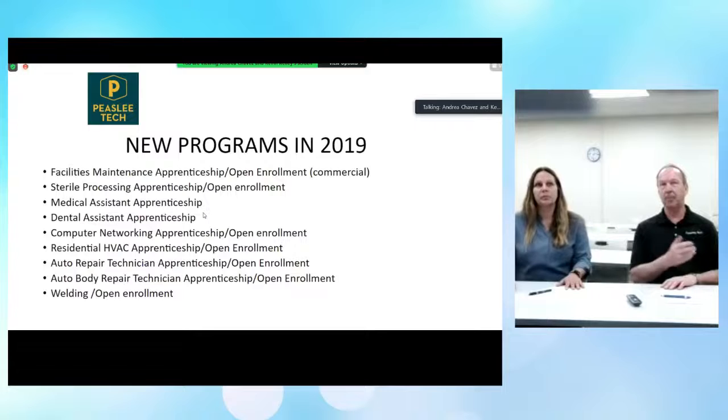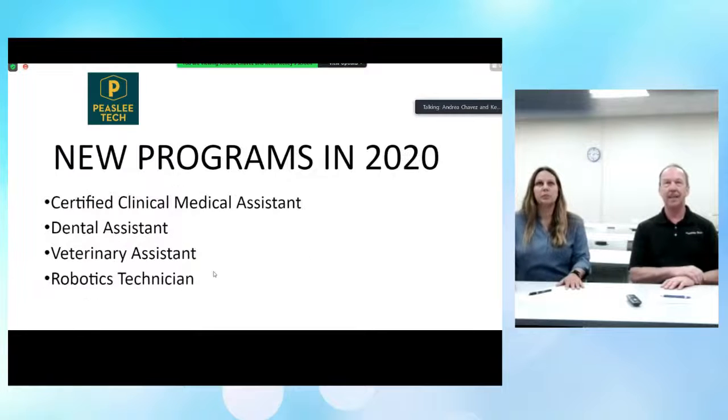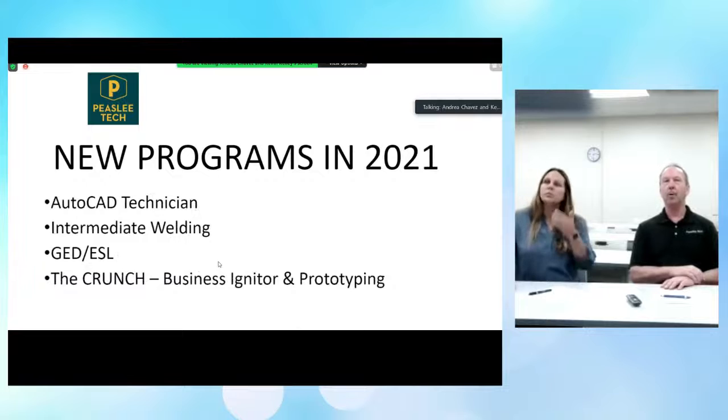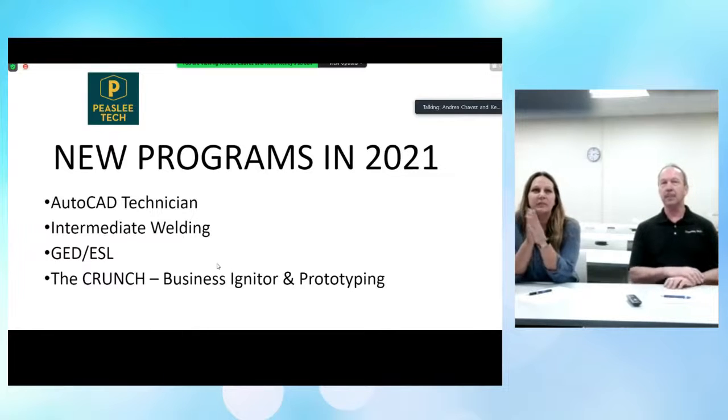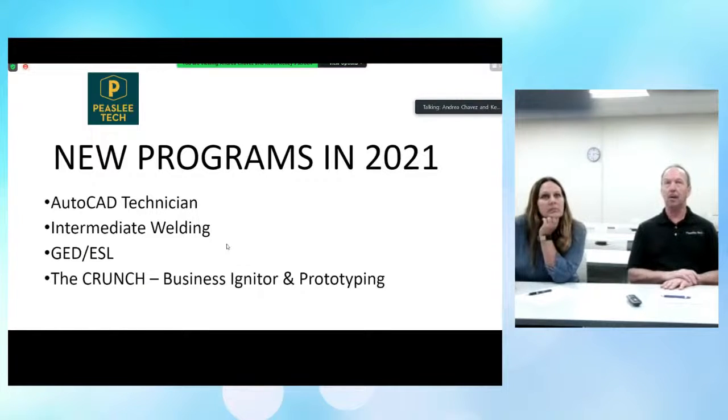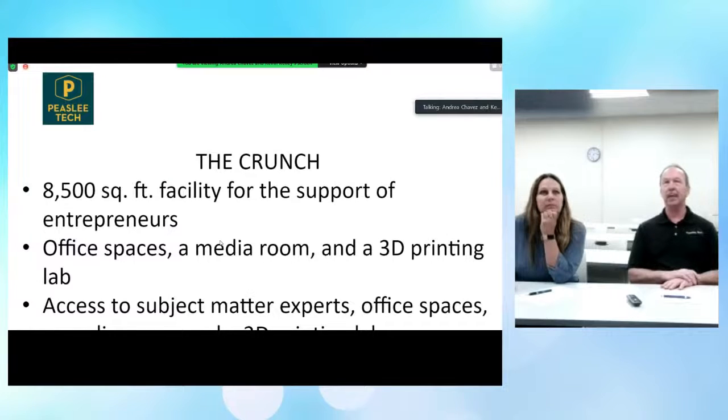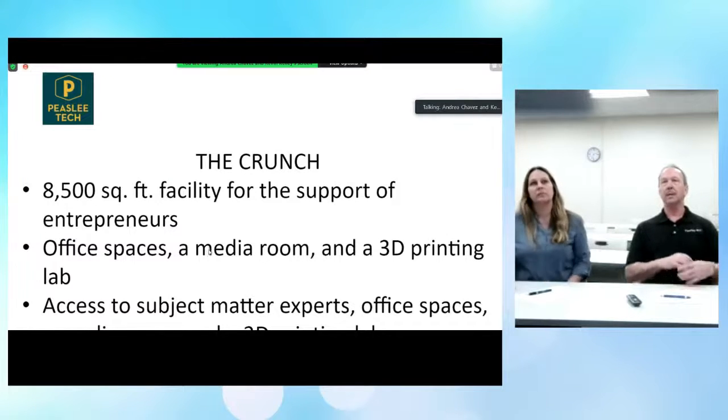We've continued to add programs the last couple of years. Even through the pandemic, new programs were added. And also, four weeks ago, we opened the Crunch, which is a business igniter and prototyping center here to help support existing local businesses and help develop new businesses related to manufacturing.